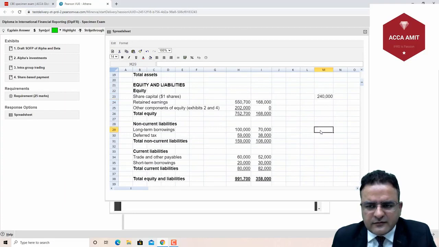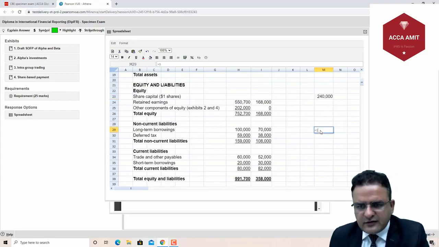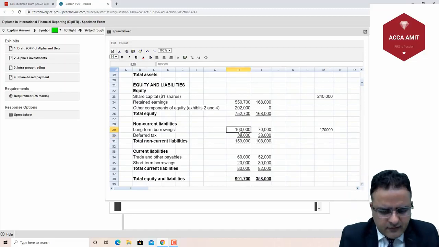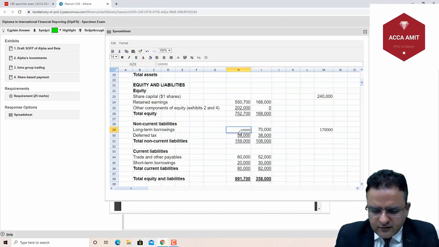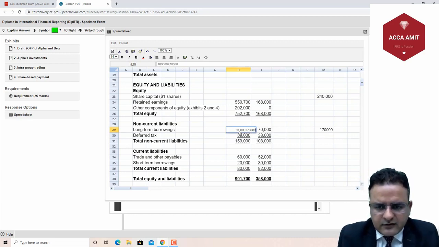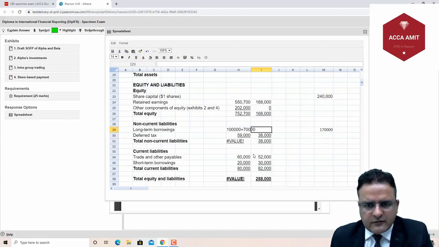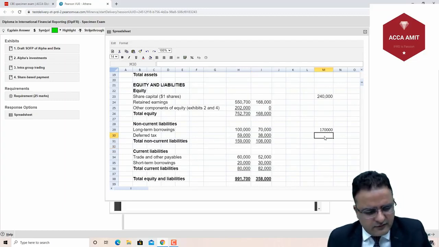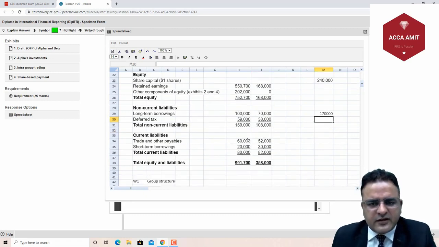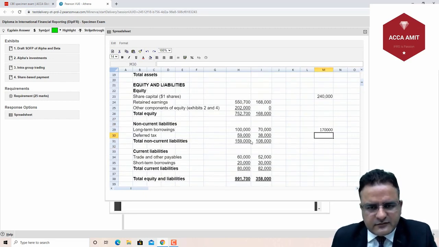Long-term borrowings, we can say as 100,000 plus 70,000, that is 170,000. We'll deal with it when we are dealing with deferred taxes.